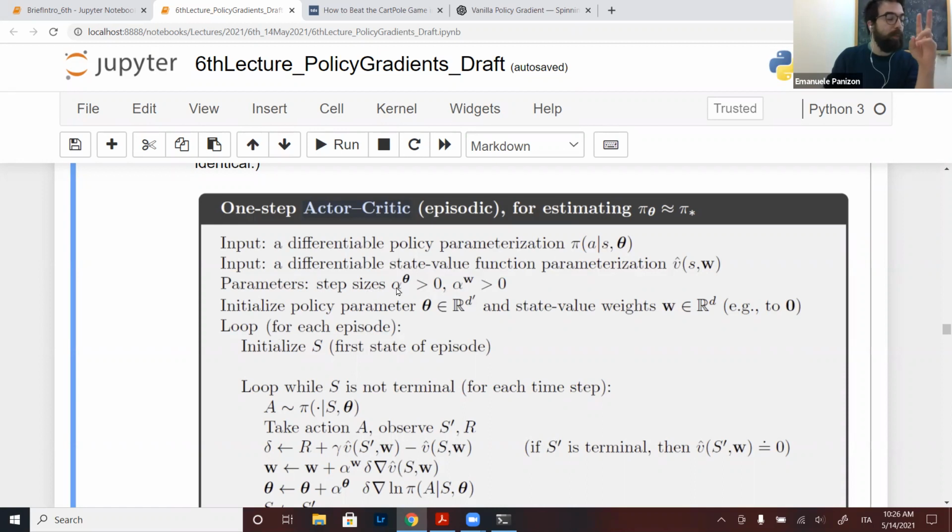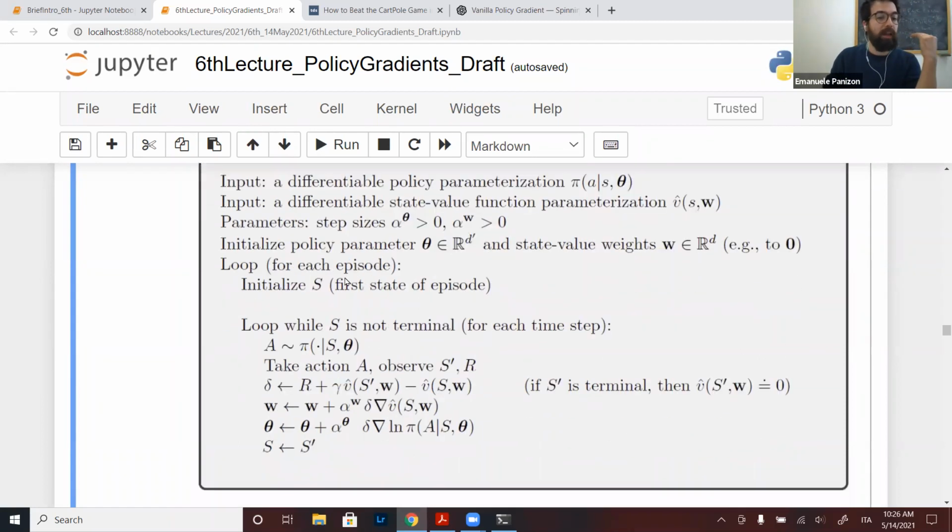We need two step size parameters, one for the actor, which is this one, and one for the critic. They need to be different, and we have to talk a bit about them. Then I initialize the policy parameters, and I run episodes, ending with a stochastic time horizon determined by gamma.